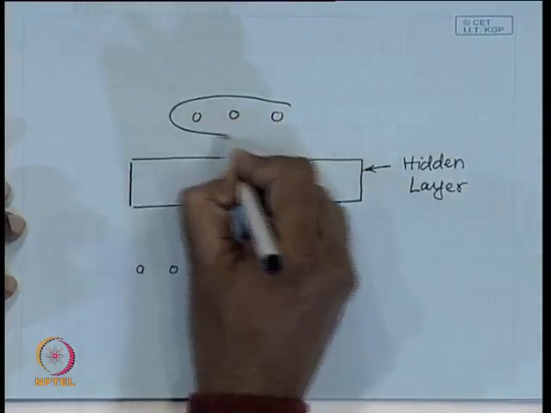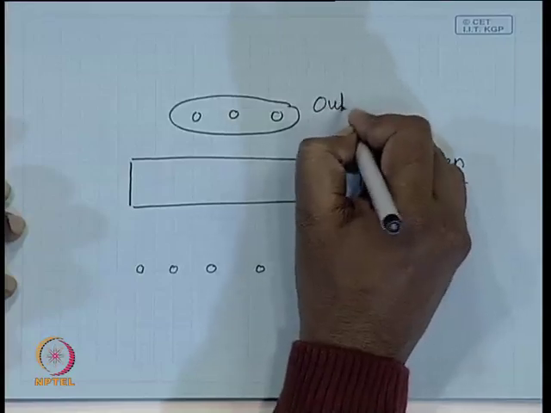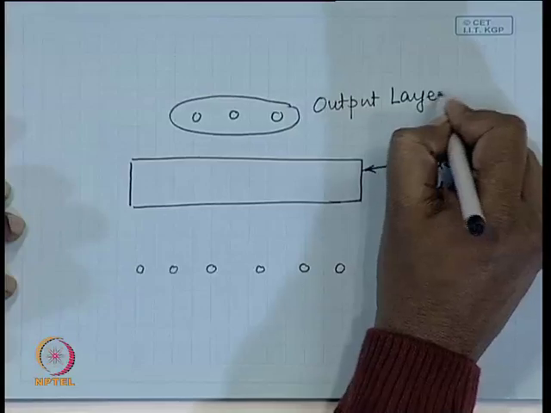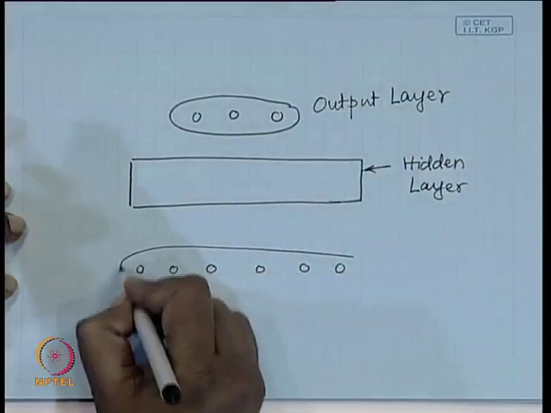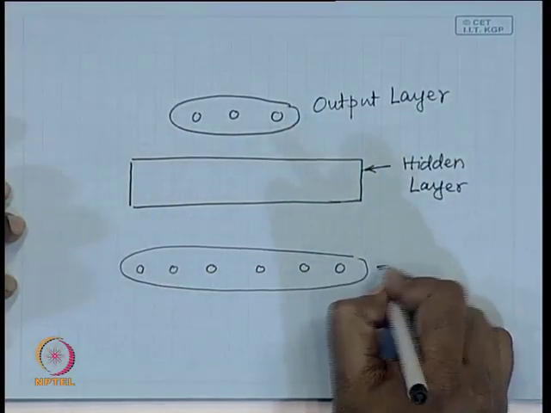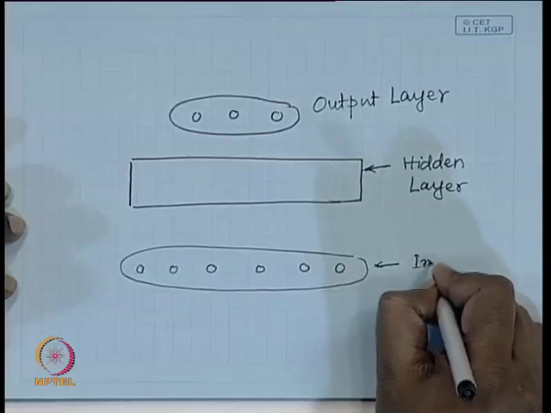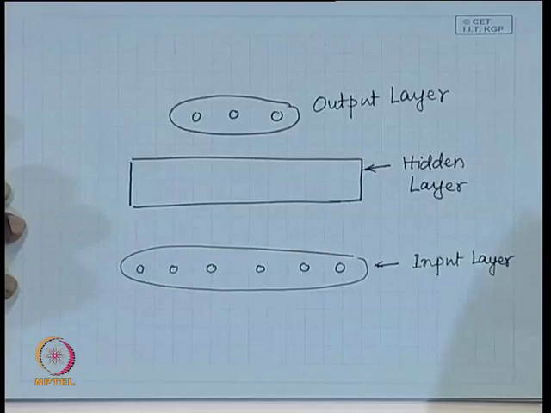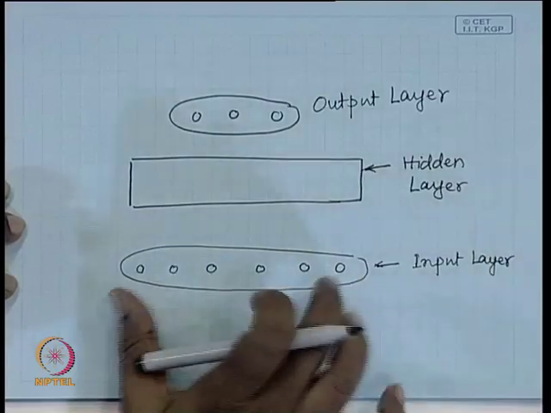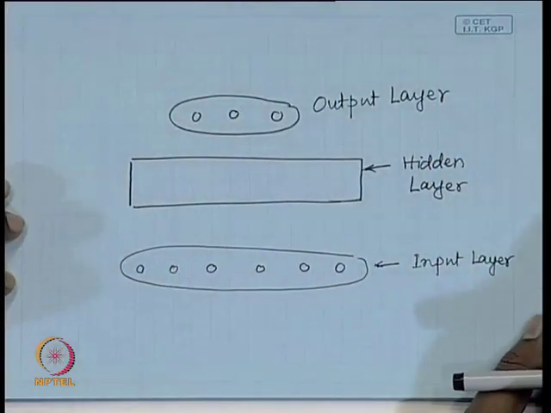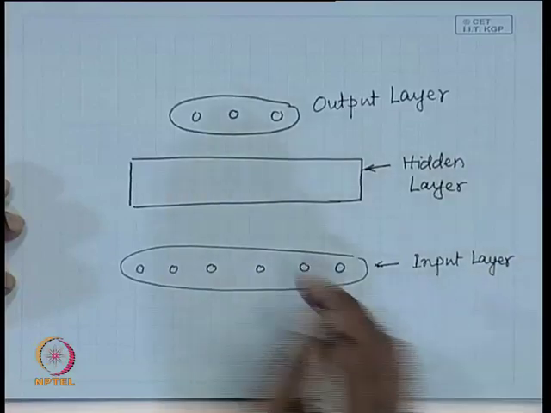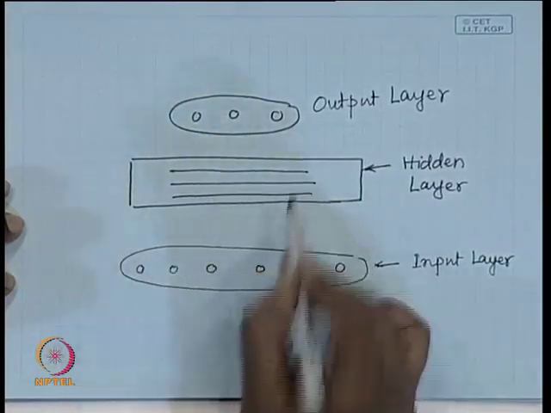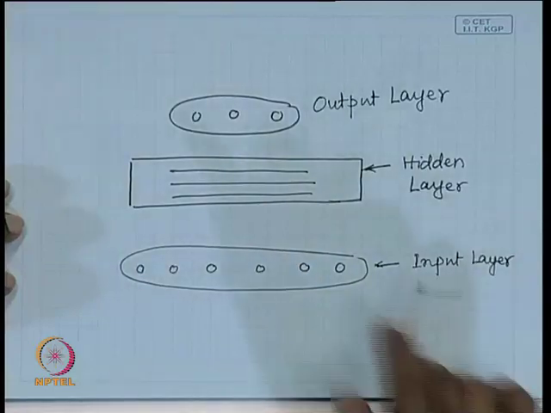This is the output layer, and this is the input layer. Okay. In every layer you have a number of neurons. Okay. So, here I can have one or more hidden layers, right.